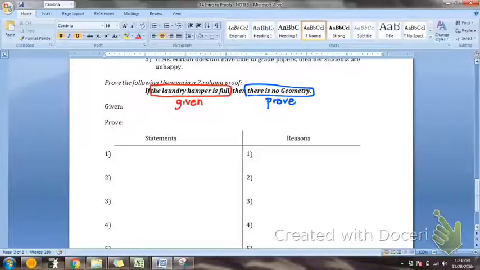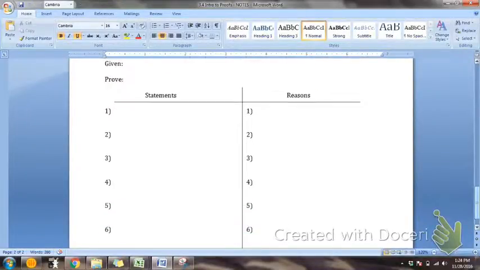So let's set this up. Josh, you want to turn your paper over with us and follow along? So on the given, I'm going to write down the laundry hamper is full. I'm writing a complete sentence which starts with a capital letter.